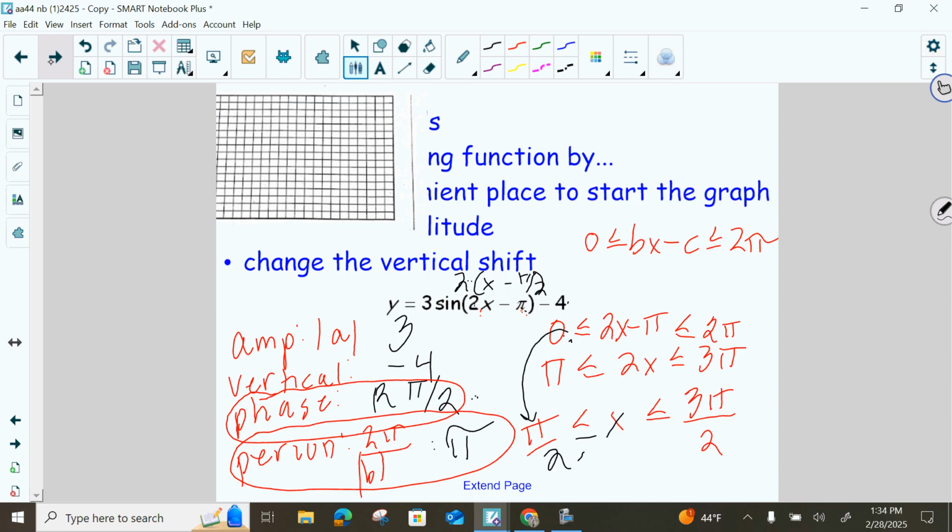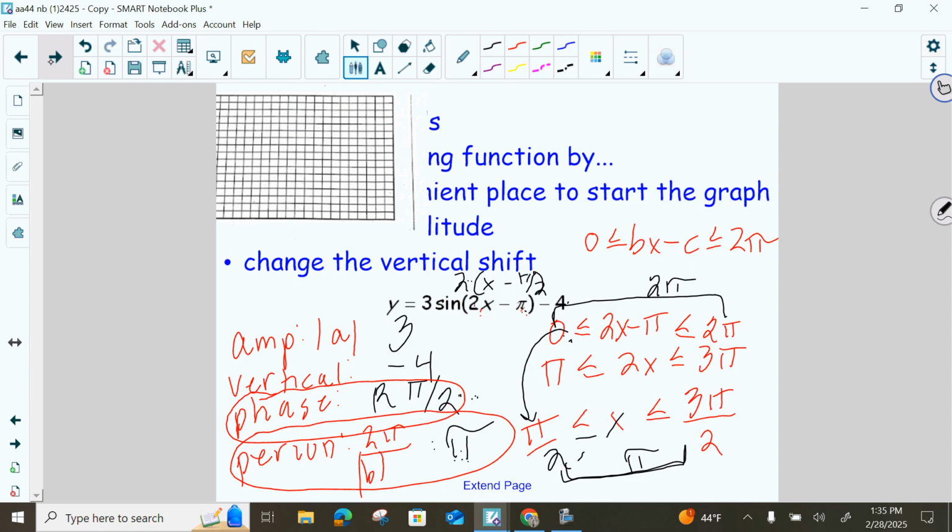Is that right pi over 2? It is. Normally, it takes me 2 pi units to make a full trip. Well, now, what's the distance between pi over 2 and 3 pi over 2? 1 pi. That's how long it's going to take me to make one full sinusoid, and that matches with the period, right? So that's where the check of those 2 things are coming in, okay?